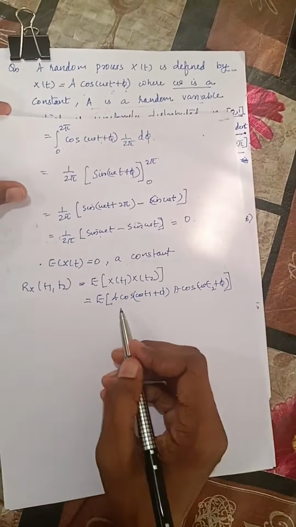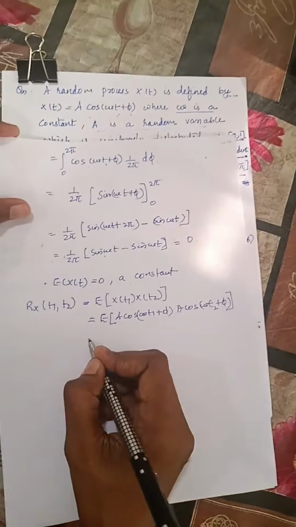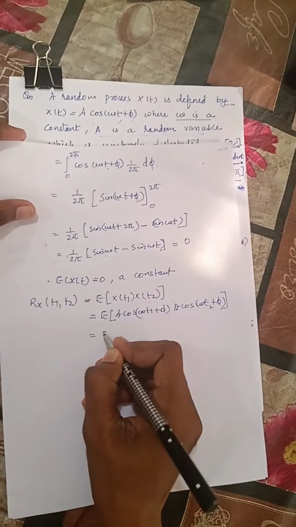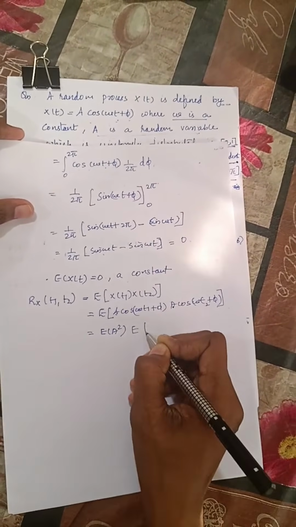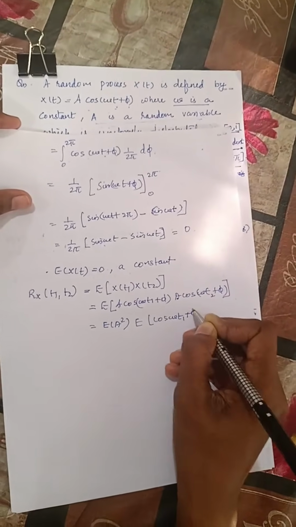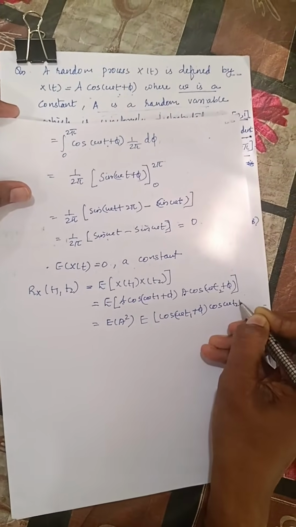Now a and phi are independent random variables, so a into a is a square. So this will become expectation of a square into expectation of cos omega t1 plus phi into cos omega t2 plus phi.